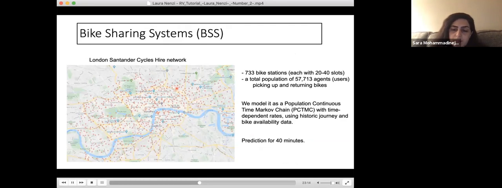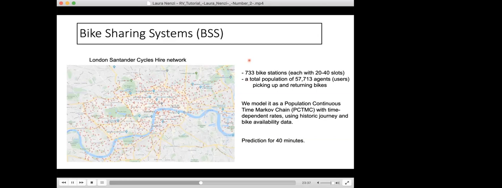We consider a bike sharing system. A bike sharing system is composed of a number of bike stations that are distributed over a certain geographic area. Each station has a fixed number of bikes and of bike slots. And the user can pick up a bike, use it for a while, and then return it to another station in the area.